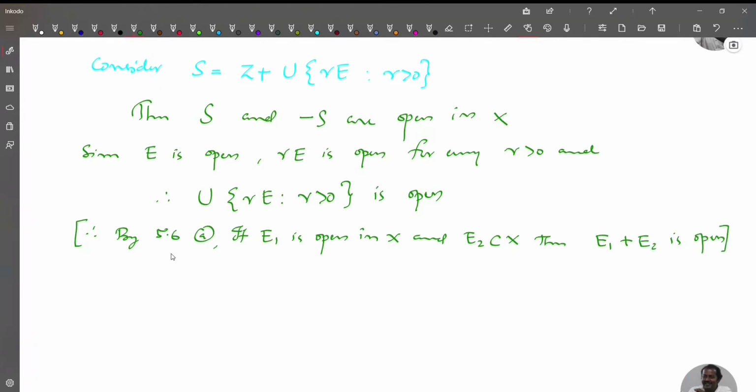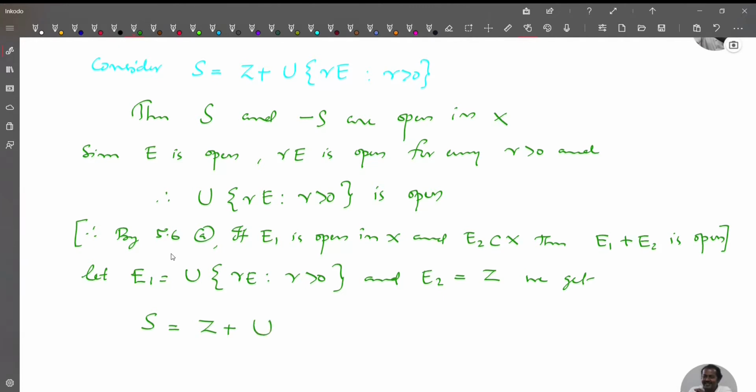So letting E1 equal to the union of rE such that r greater than 0, which is open, and E2 equal to Z, we get S equal to Z plus the union of rE such that r greater than 0 is open.